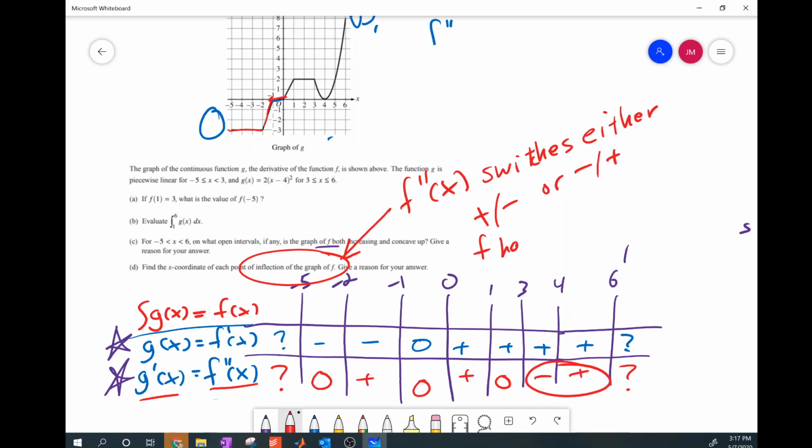That means f has, let's do a different color, let's do blue. So f has a point of inflection at x equals 4. Now they want an answer. I'm going to write that over on the side.